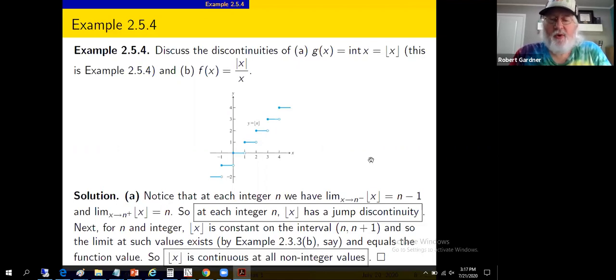Example 2.3.3b justifies that. And it equals a function value. If you like, anthropomorphically, on the little segments, it tries to pass through points and succeeds. It's the endpoints that cause the problems. So it's continuous, except at the integers. We've shown at integer values, it's got a jump discontinuity. Everywhere else, it's okay. So continuous on non-integer values, jump discontinuities at integer values.